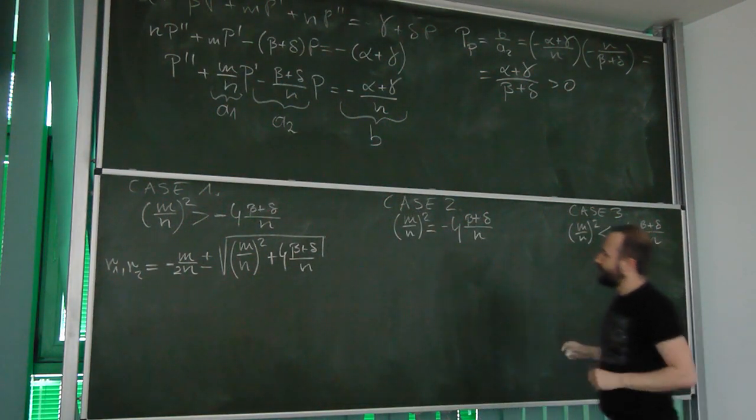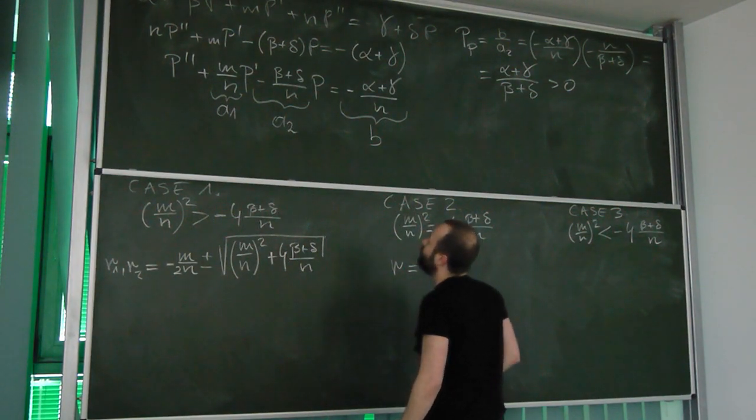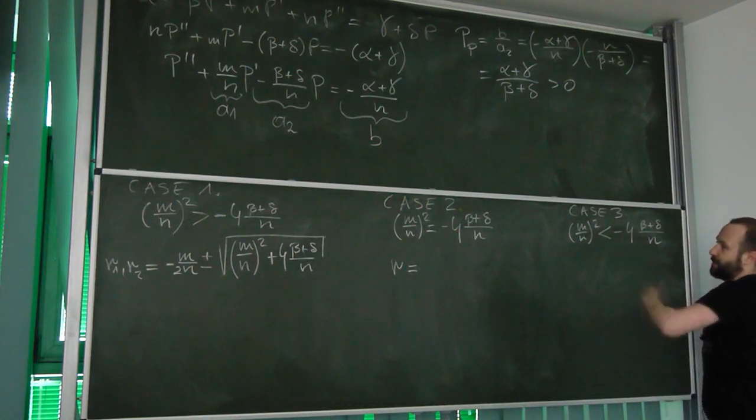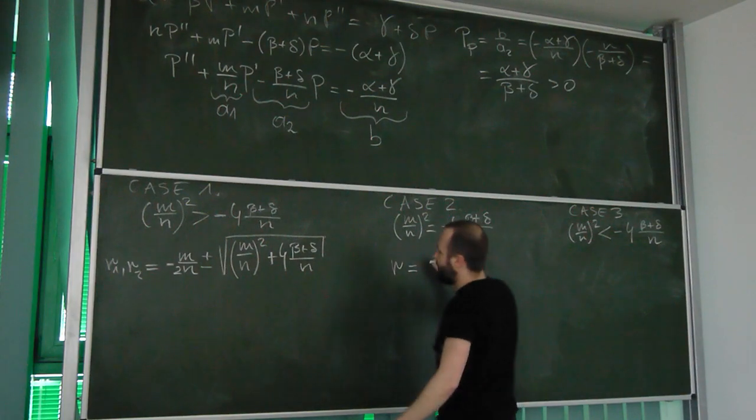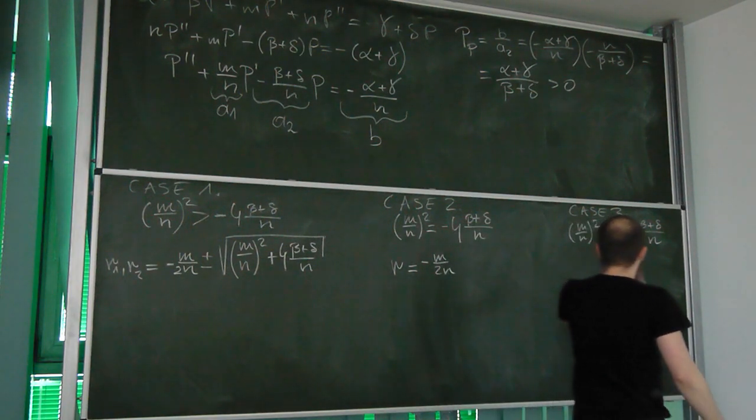In case 2, we will have just one repeated root, and this will be equal to negative a1 over 2. So we've got that this is negative m over 2n.